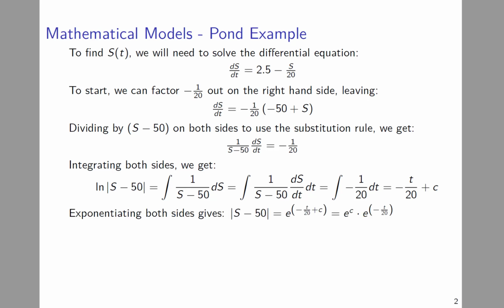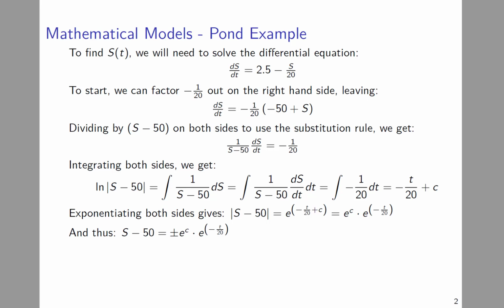Exponentiating both sides gives the absolute value of S minus 50 is equal to e to the negative t over 20 plus c, which can be split up as e to the c times e to the negative t over 20. And thus S minus 50 itself will be plus or minus e to the c times e to the negative t over 20.